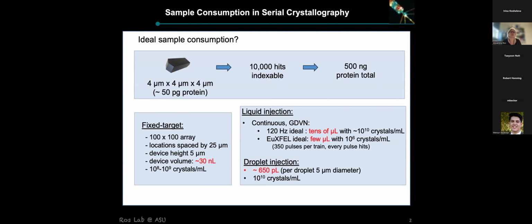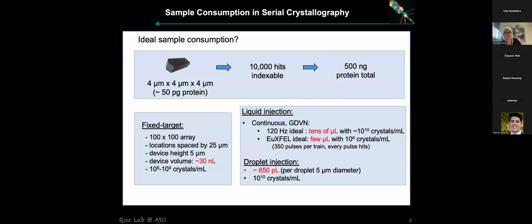Let's then assume that our fixed target device would be just a little bit larger than the crystal, so about 5 micrometers, and translating that into a volume would give us about 30 nanoliters. Taking the 10,000 crystals that we would need into account, then we end up with a crystal density of about 10 to the 8 to 10 to the 9 crystals per milliliter.